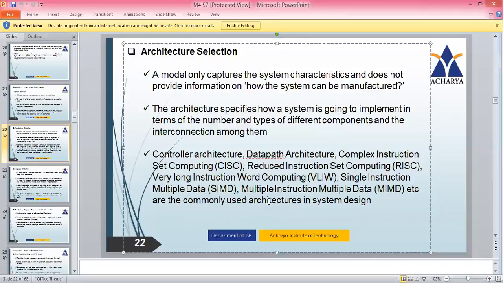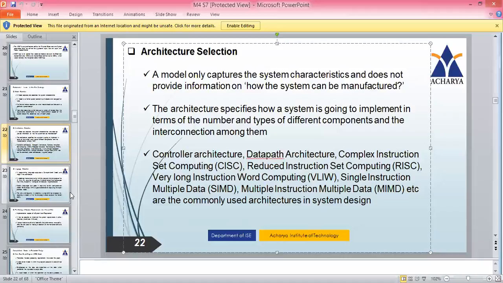Very long instruction word computing, single instruction multiple data, multiple instruction multiple data. They are the commonly used architectures in system design. Whatever we are discussing now is related to hardware architectures. If you take software architectures, we talk of different patterns, like model view controller patterns. But here I'm talking about the hardware architecture. So we'll be discussing the RISC, SIMD, MIMD architectures.